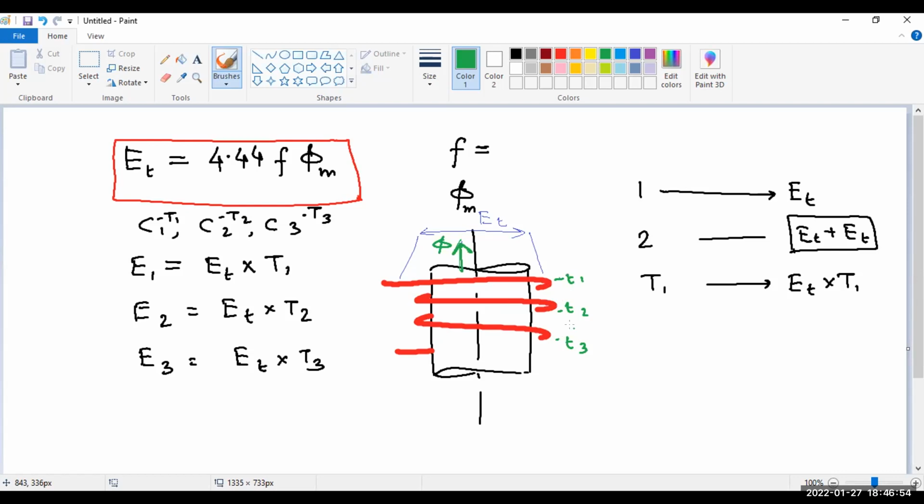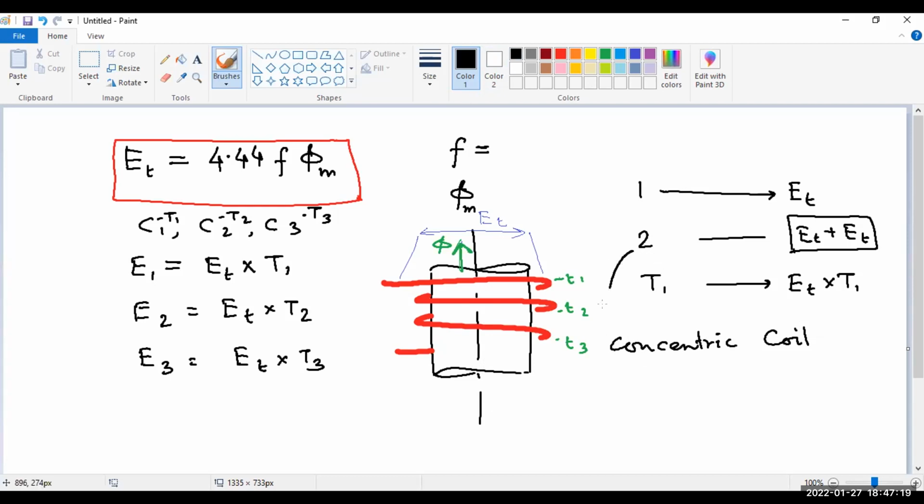Am I right? Yes, sir. So this type of coil is called the concentric coil. Understood? That means their centers, their axes are the same.